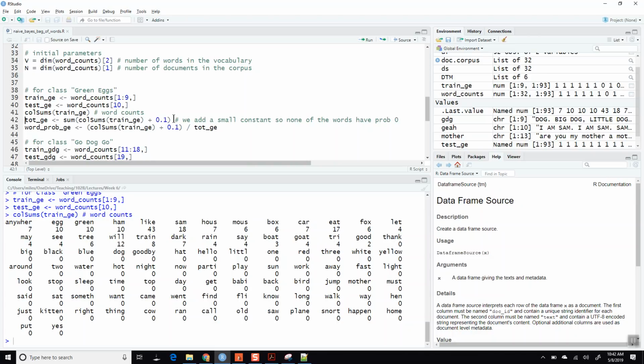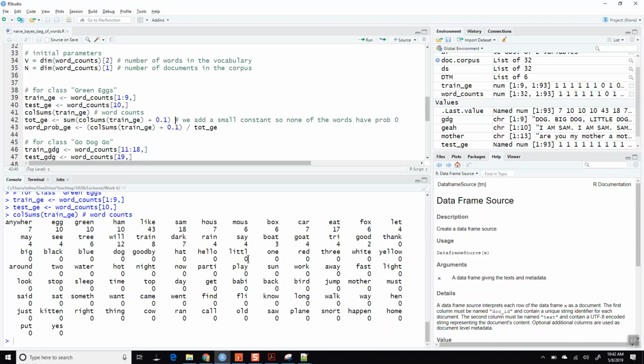And so to turn these into probabilities, I'm going to add, so we have a bunch of zeros, and zeros are problematic because in your training data, let's say the word little appeared 0 times, which means if a new document appears and it has the word little, if you take 0 as your probability, then any document that has the word little in it will be completely eliminated.